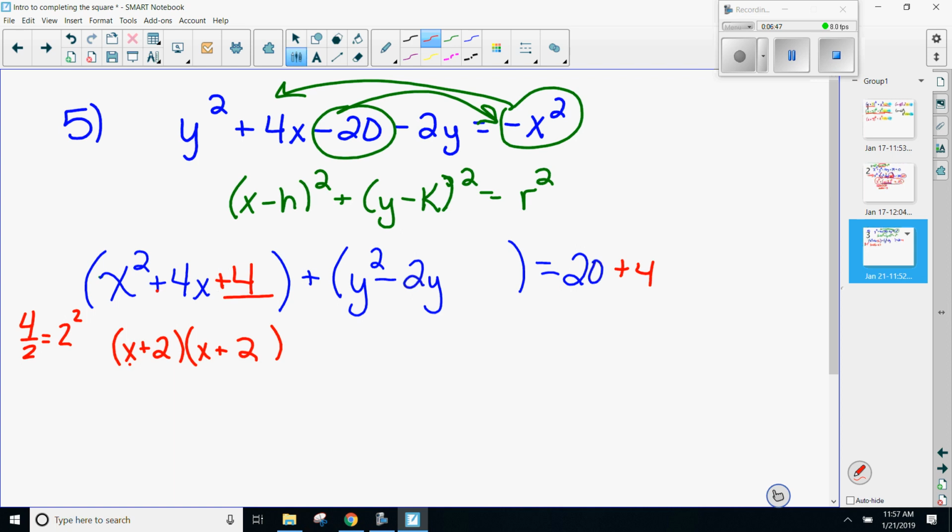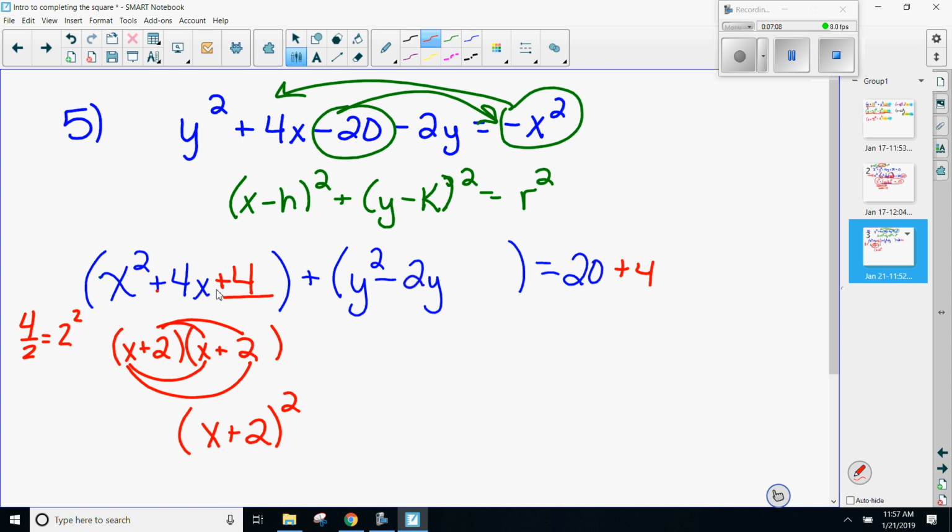If I multiply the first together, you get x squared. The outer gives you 2x. The inner gives you 2x, which gives you that 4x. And then the last gives you 4, which is right there. So the factored form of this is x plus 2 squared.